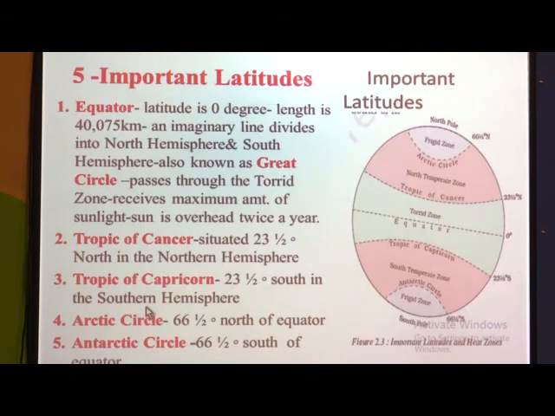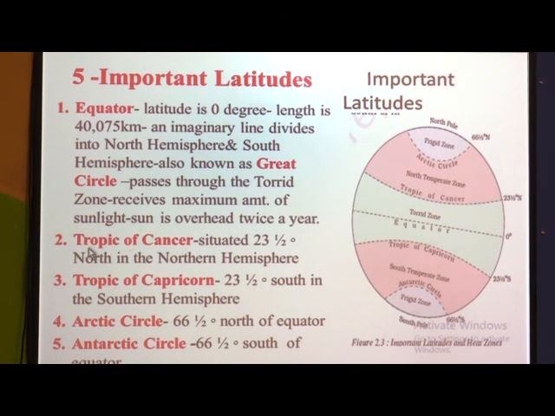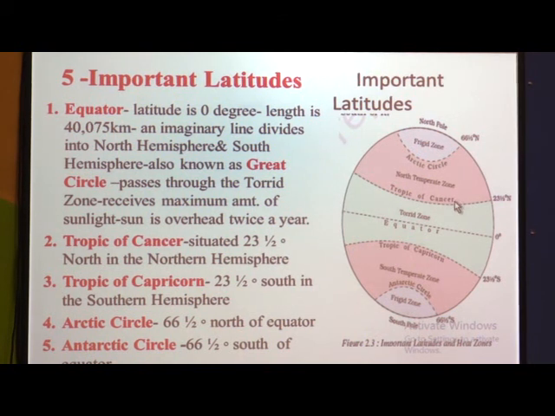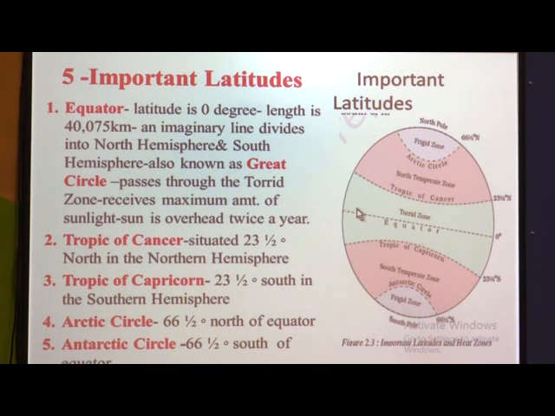Now next we have seen a video, and again we have studied the importance of latitudes. So there are total 5 important latitudes. They are, first one is equator, again it is also called as Great Circle. Second one is Tropic of Cancer, third one is Tropic of Capricorn, and again Arctic Circle and Antarctic Circle.